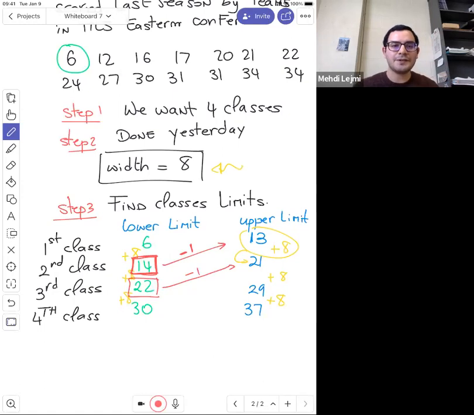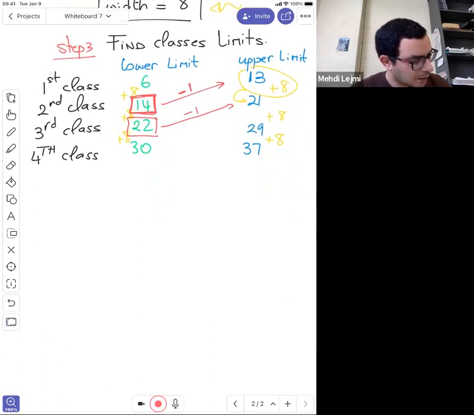Any other question, guys? All right, so that's it for the class limits. In the next steps, of course, we need to compute, I mean steps 5, 6, 7.